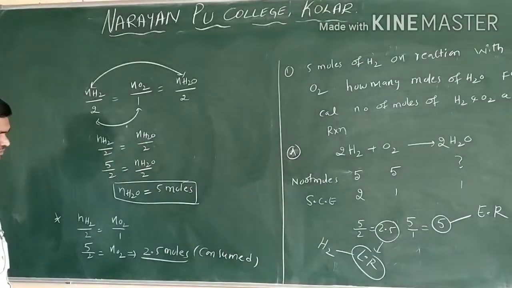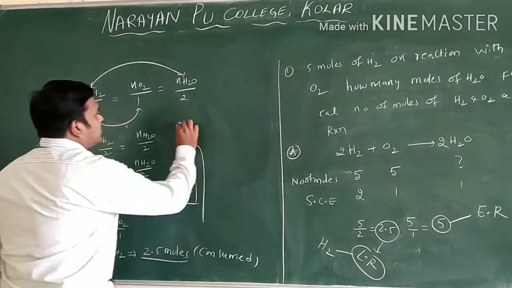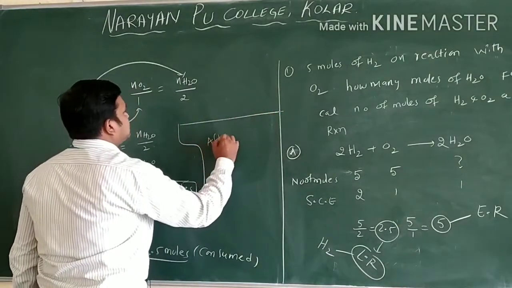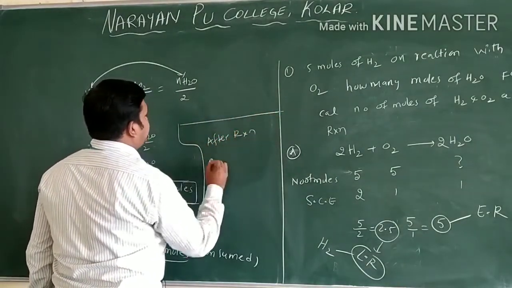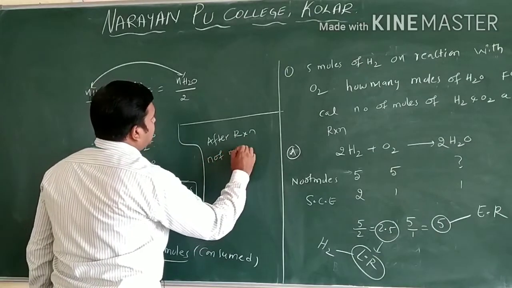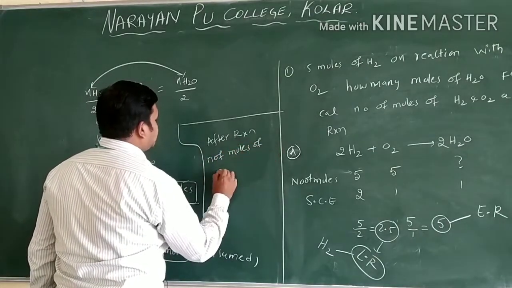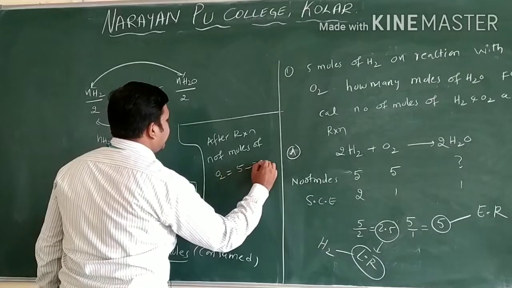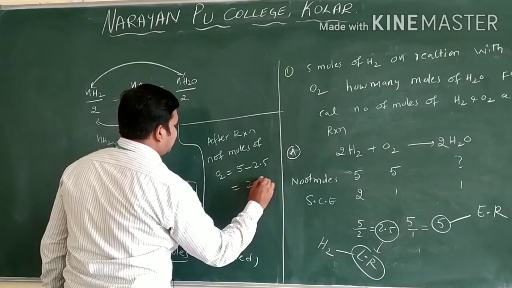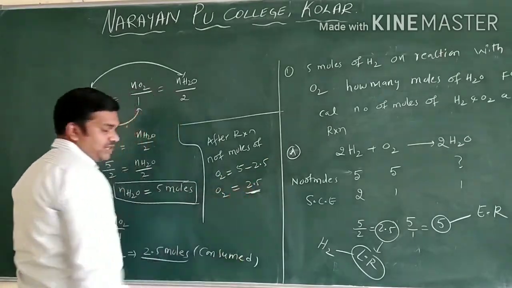After the reaction, number of moles of O2 is equal to 5 minus 2.5, that is equal to 2.5.